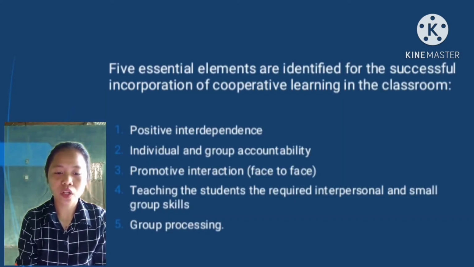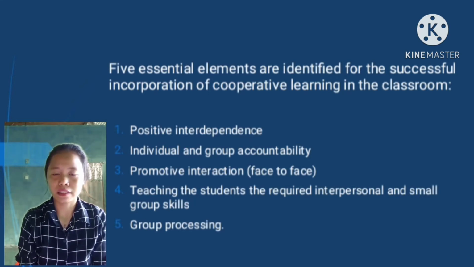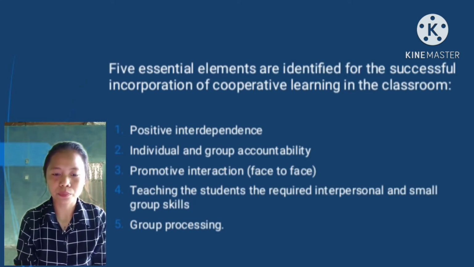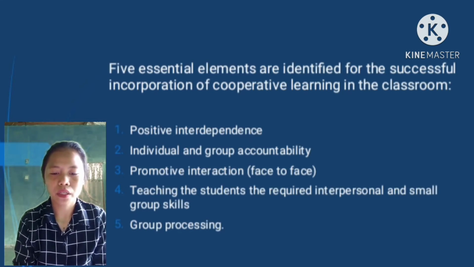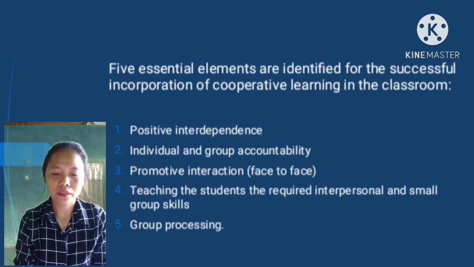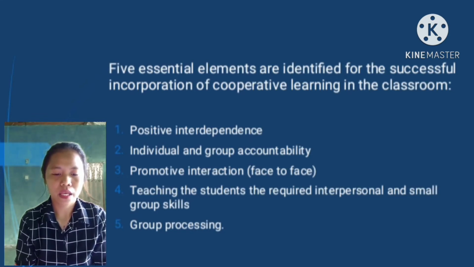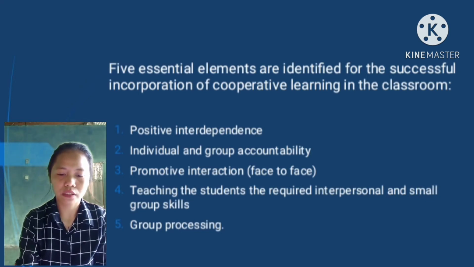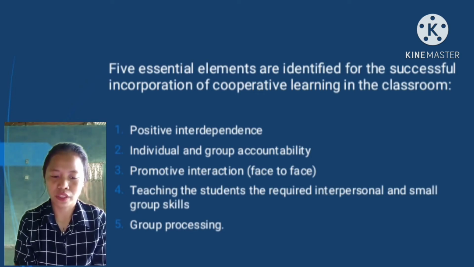Okay, next we talk about the 5 essential elements identified for successful incorporation of cooperative learning in the classroom. First is positive interdependence, second individual and group accountability, third promotive interaction or face-to-face, and fourth teaching the students the required interpersonal and small group skills, and the last is group processing.